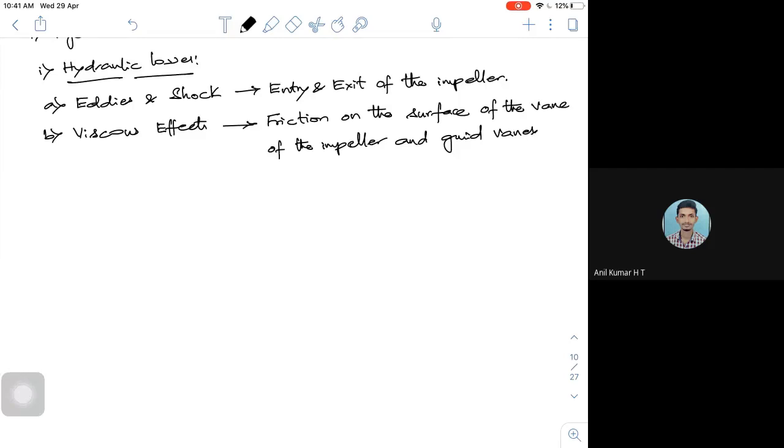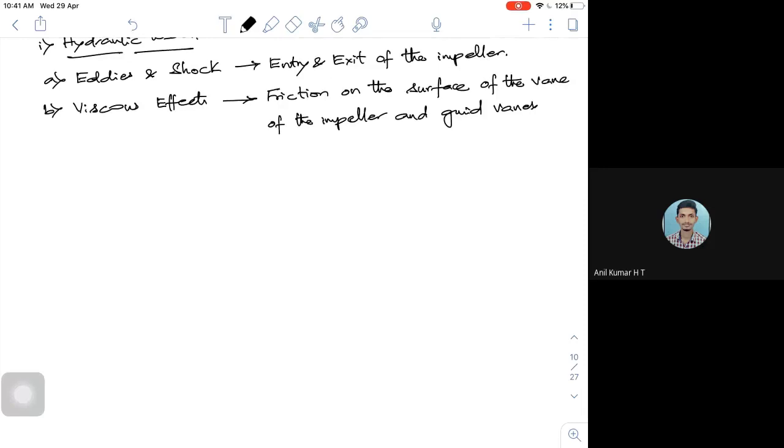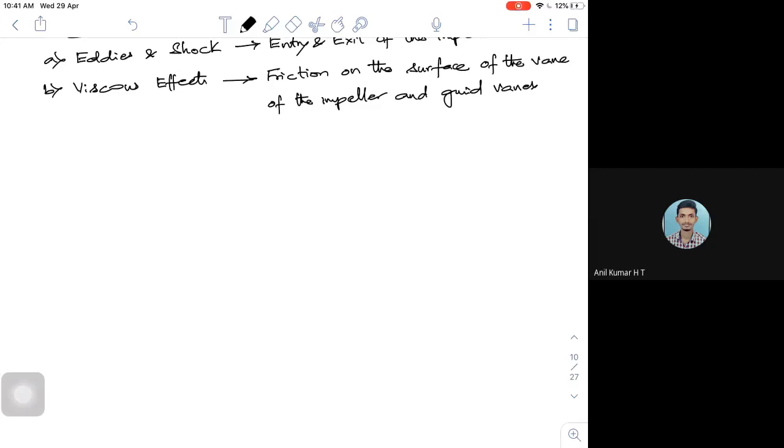And then you have some kind of minor losses, which you might have heard of, like exit loss, 0.5 V2. So there can be a little bit of minor losses at the suction and delivery pipes.